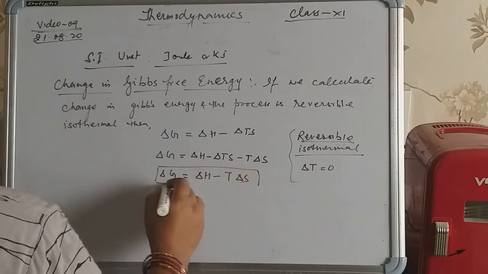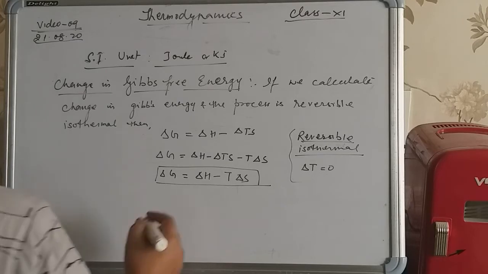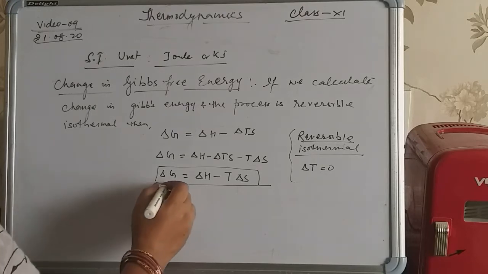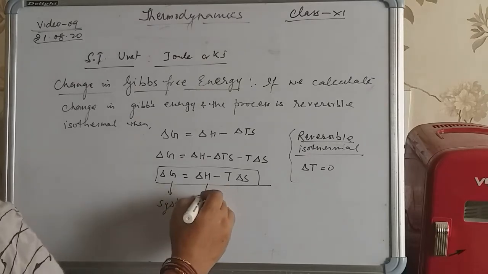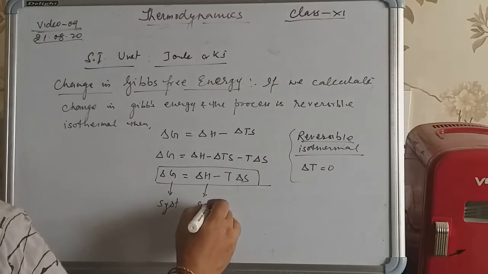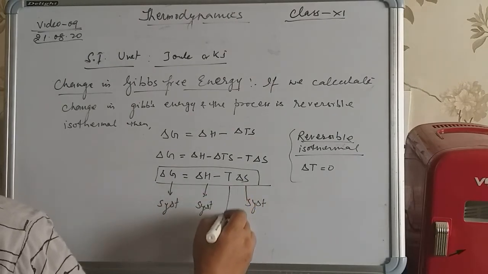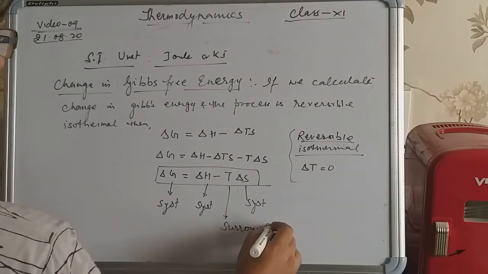This is the equation given by the scientist Gibbs. This is for the system, this is also for the system, but this is for the surrounding.